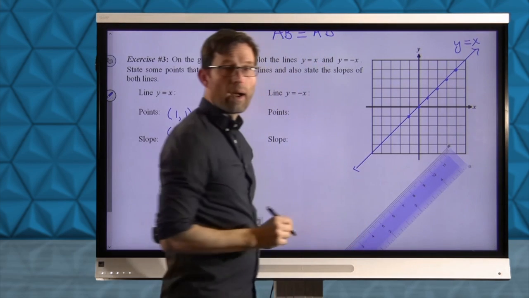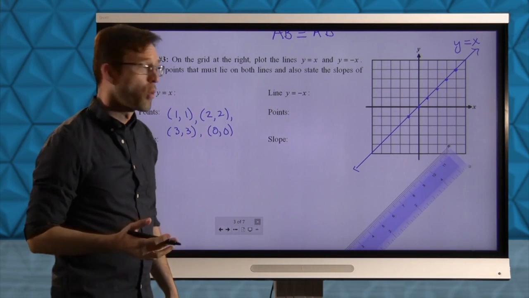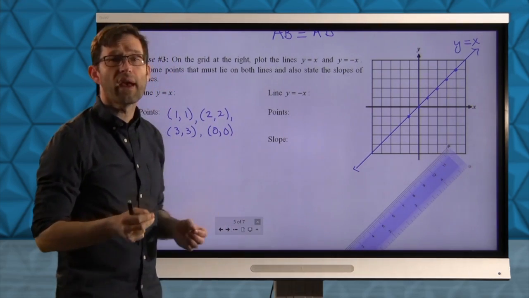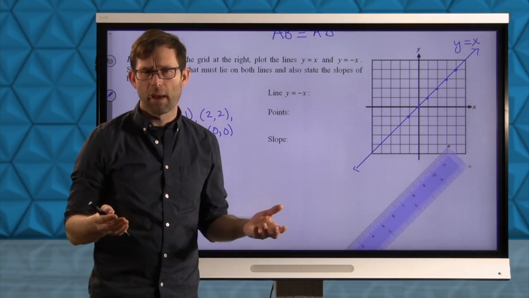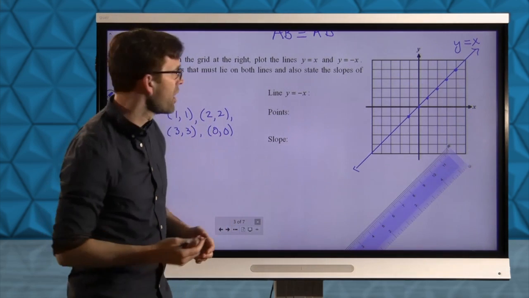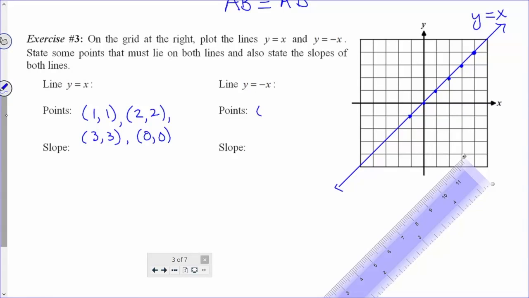All right. Y equals negative x is also a very important line, and it's got points where the y and the x coordinates are the same size, same absolute value, but are opposite in sign. For instance, that would include points like 1, negative 1, 2, negative 2, 3, negative 3. Let's do somewhere the first coordinate is negative, negative 1, positive 1. Right?